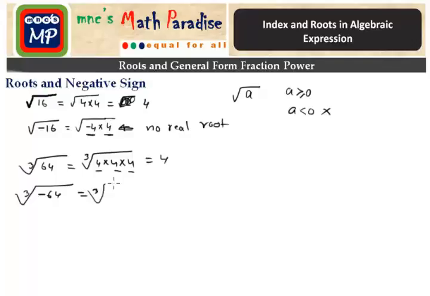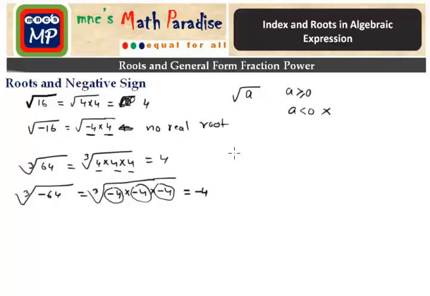In cubic root, we can write minus 64 as minus 4 times minus 4 times minus 4, because 3 times multiplication of minus will give minus, because minus times minus is plus and this plus times minus is minus. So the same thing is multiplied thrice, so we can take minus 4 out from the cubic root.